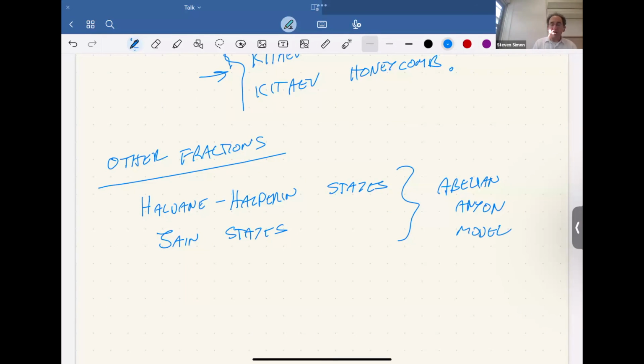One way, the original Haldane-Halperin way, is that you start with your Laughlin state, then you put a lot of these quasi-holes or quasi-particles, the opposite charge excitations. These are anyons. But then you take the anyons and you put them in a Laughlin state and you condense them into a new ground state.